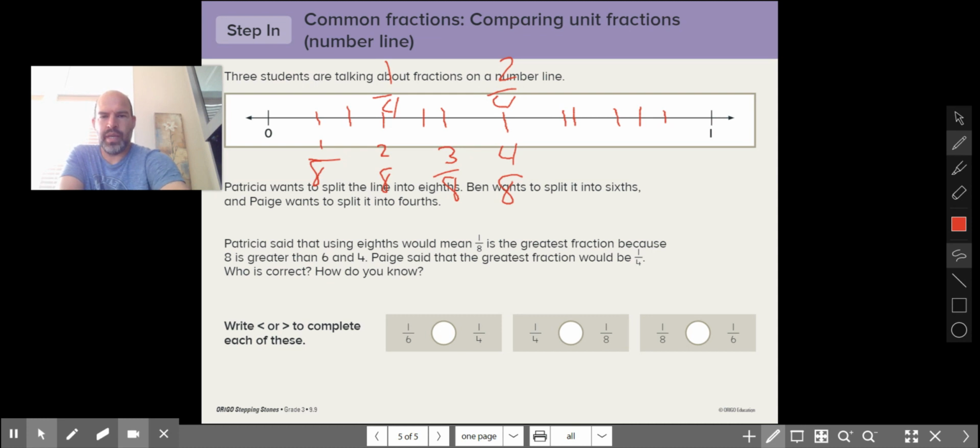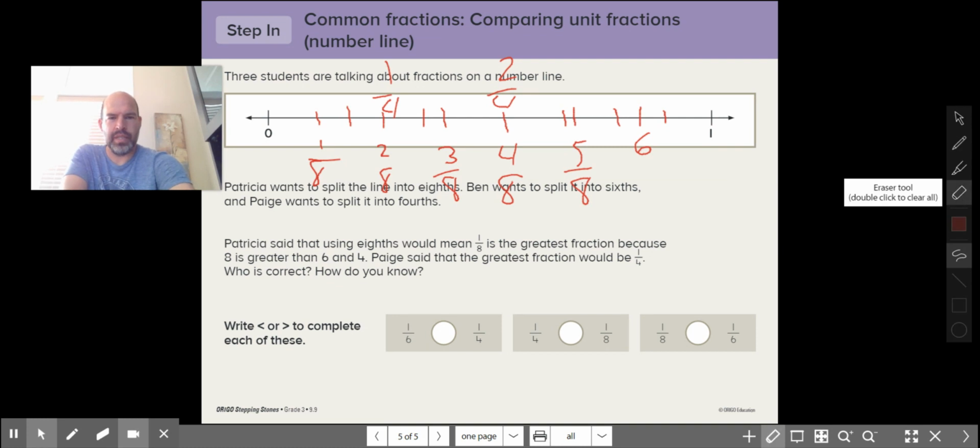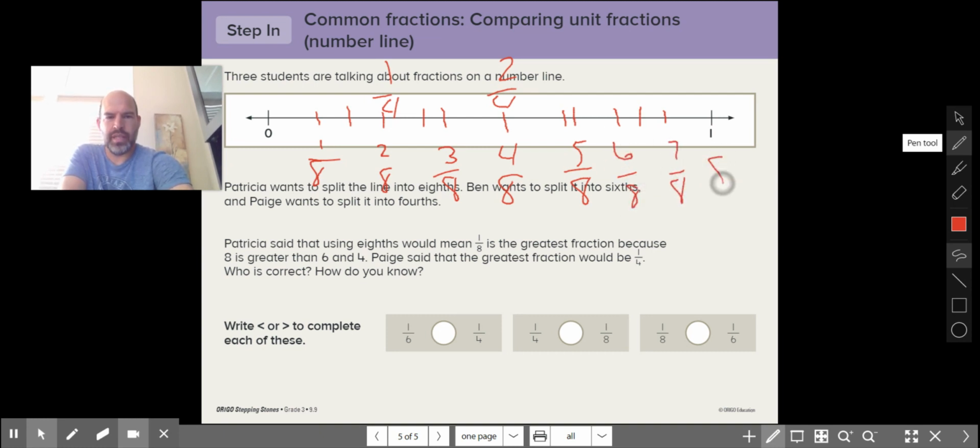And this would be 5/8, 6. Oops, did I get my 8? Oh, hold up. 1 second. We just about got that one messed up right there. Okay, this would be 6/8, 7/8, 8/8. So this would be 3/4 and 4/4.